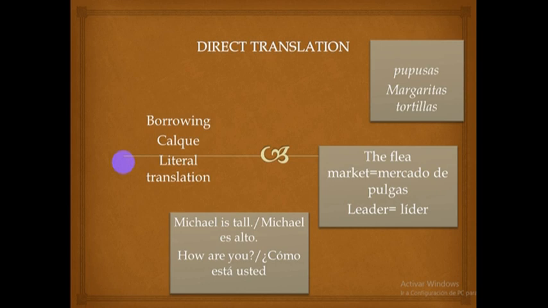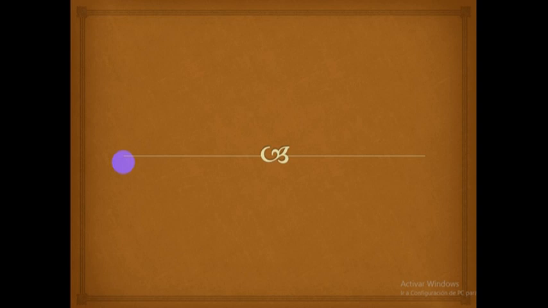So in summary, literal translation is translating exactly the same words from one language to another. Right now let's continue with oblique translation.